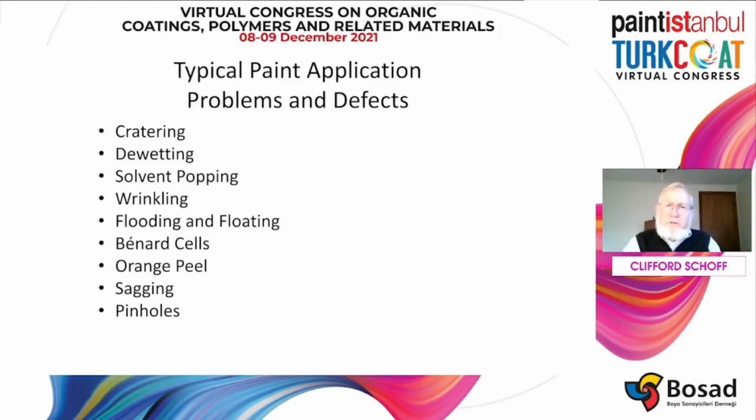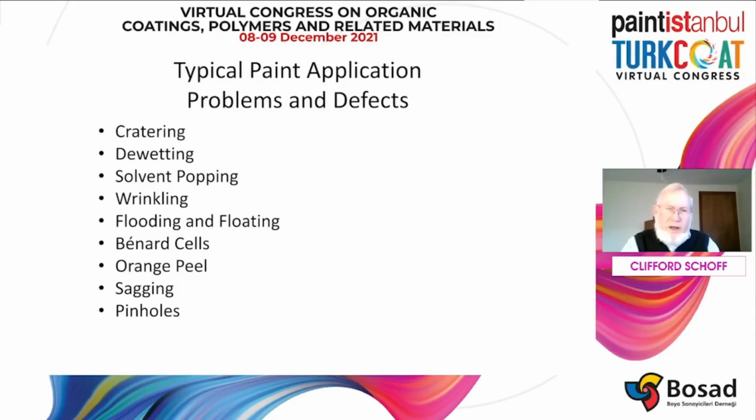Here's a list of typical paint application problems and defects. And I'm going to talk about application problems, but also field problems. Many of you will have experienced, and been extremely irritated by, cratering, which is one of the most common defects.